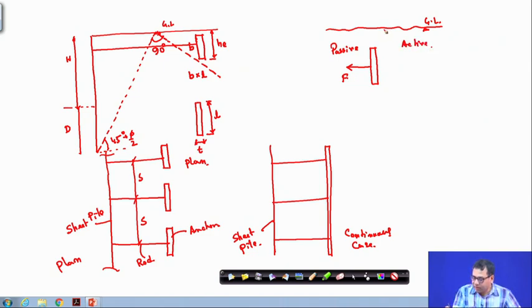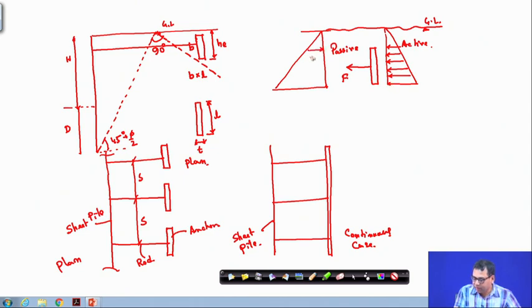So, if I draw the diagram, this is the active pressure diagram and this side is the passive pressure diagram. I will consider this portion only because this is the anchor portion.